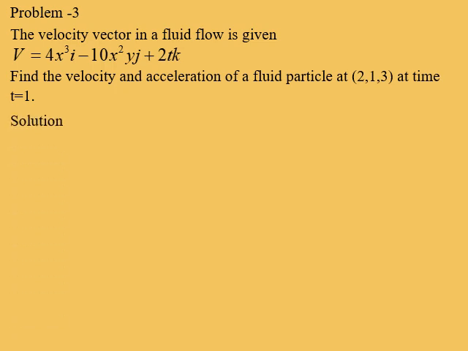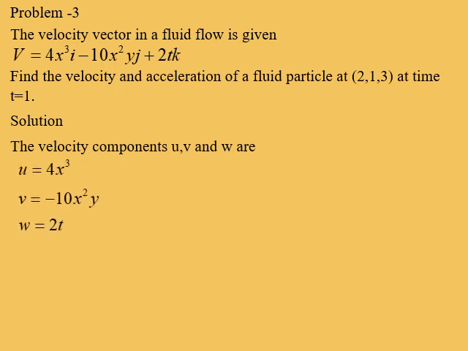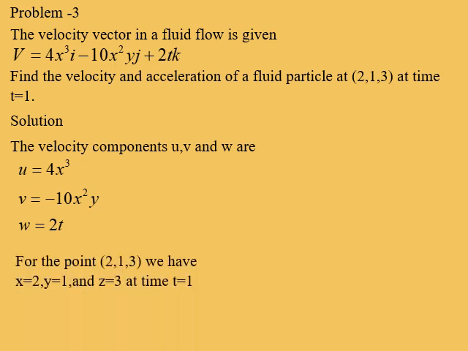The solution for this numerical: the velocity components u, v and w are as follows. From this velocity vector, u is equal to 4x cube, v is equal to minus 10x square y, and w is equal to 2t. For the point 2, 1, 3, we have x equals 2, y equals 1 and z equals 3, and time t equals 1.